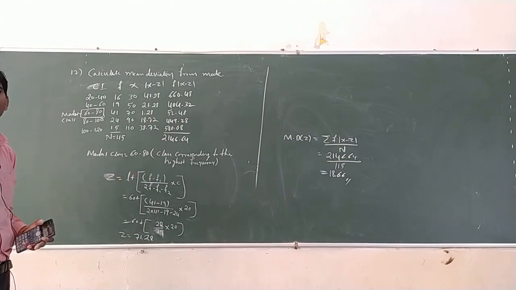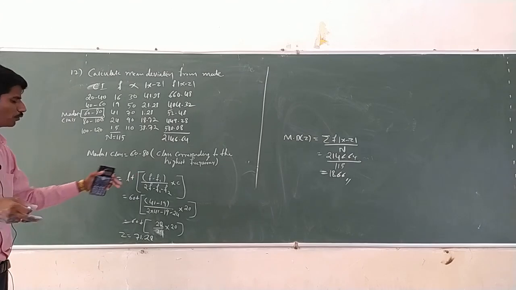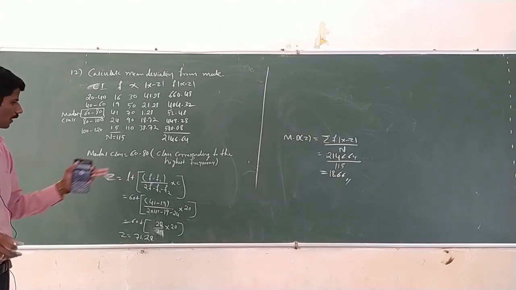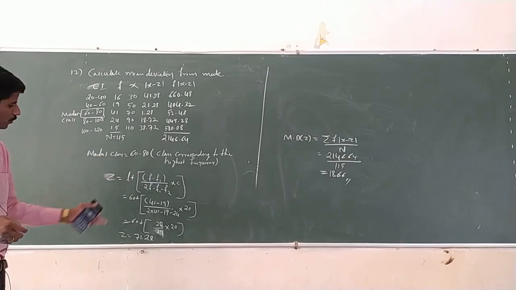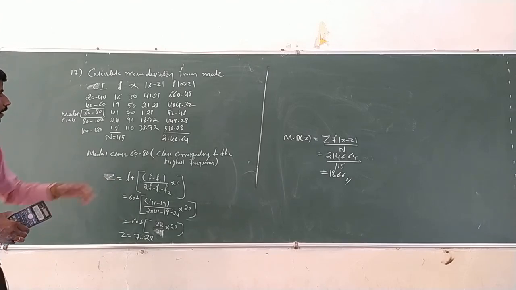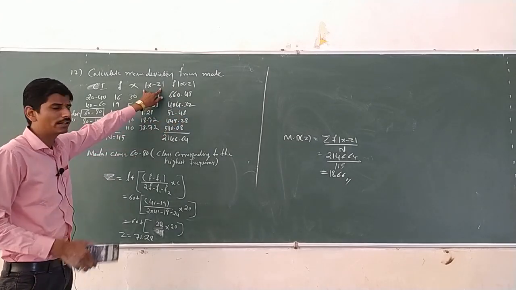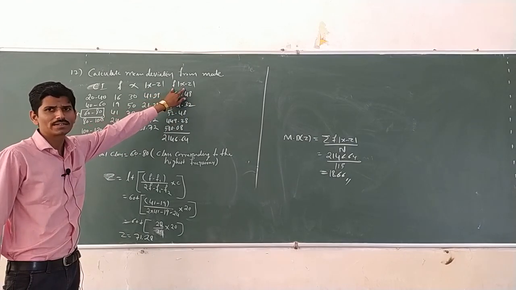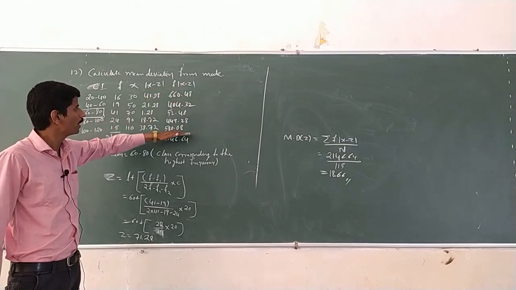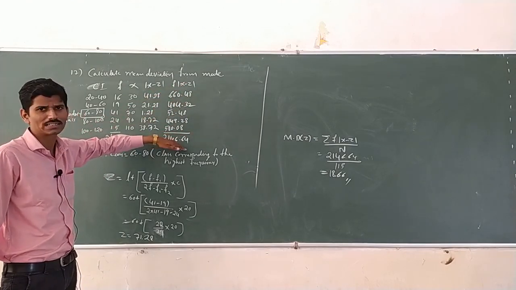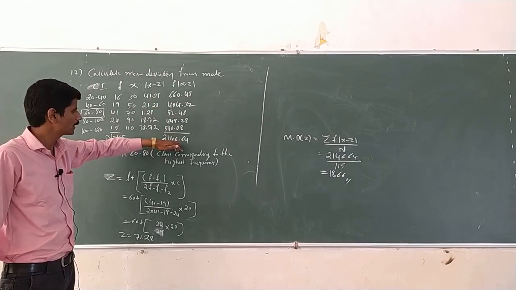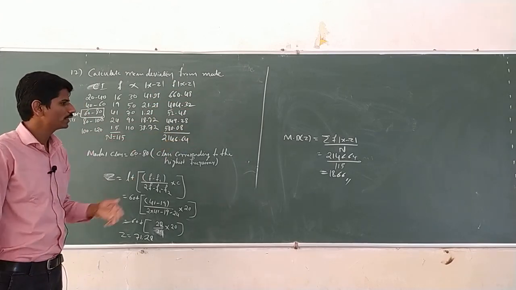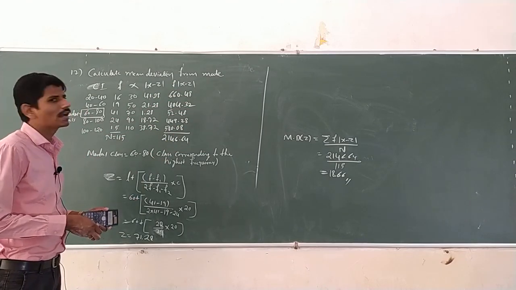F1 is the frequency of the preceding class of the modal class. F2 is the frequency of the succeeding class of the modal class. C is the class interval of the modal class. Then substitute the values, then we will get 71.28. Then we have to find mod of x minus z value and f into mod of x minus z value. We add all these values, then we will get 2146.64. Then substitute the values, then we will get 18.66 is the answer.